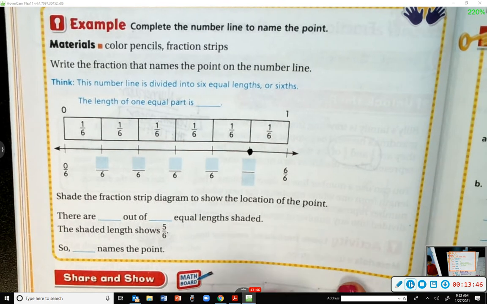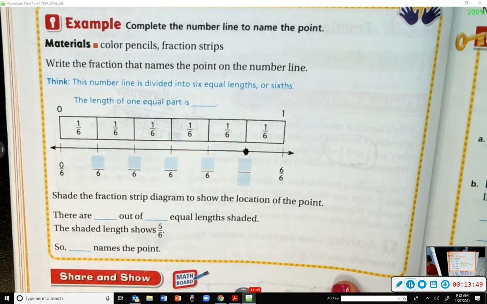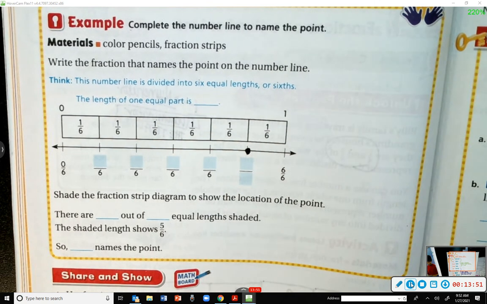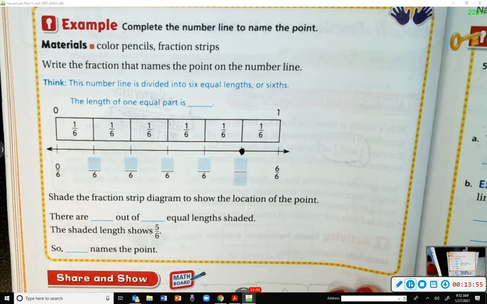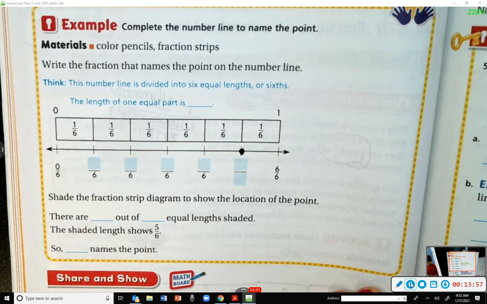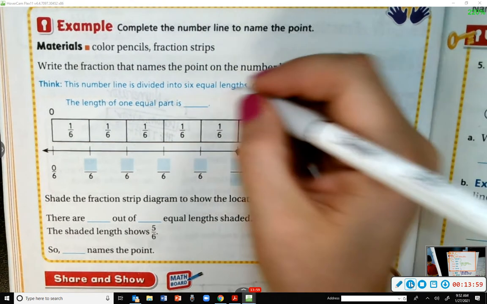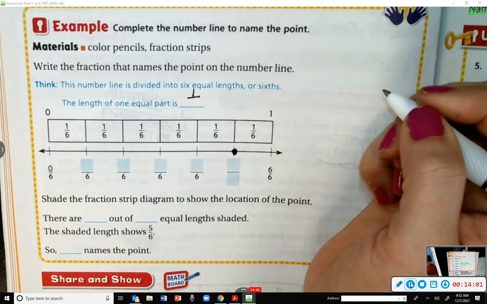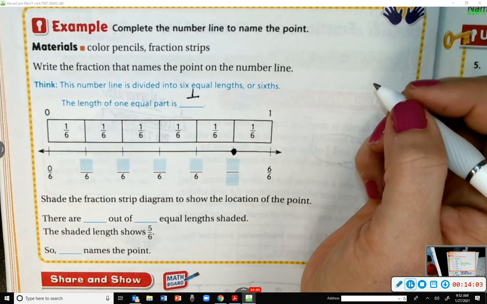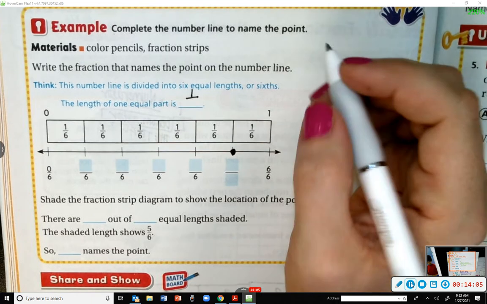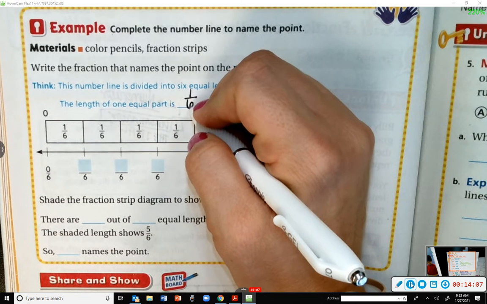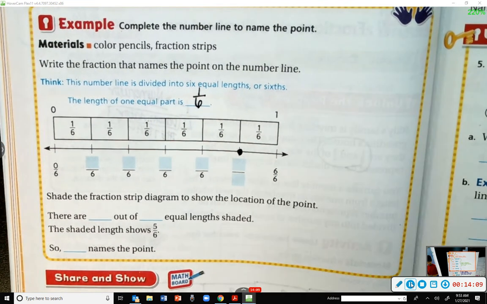So how much is one part going to equal? Bryson? 1 part is going to equal 1/6. Good. So when you say 6, remember it has a TH on the end of it.